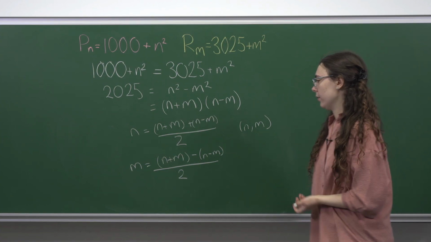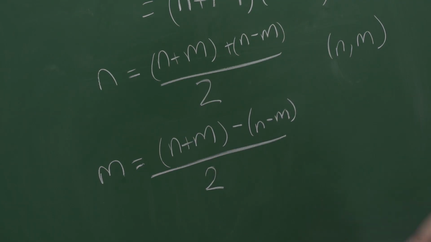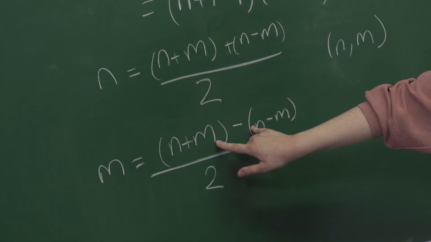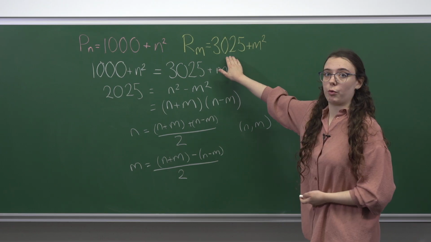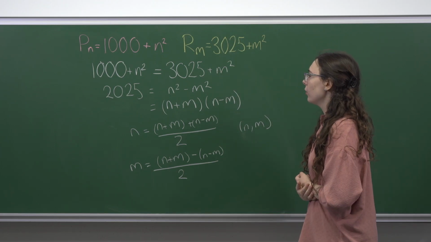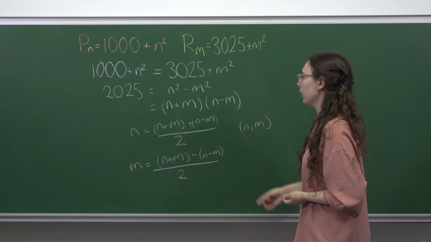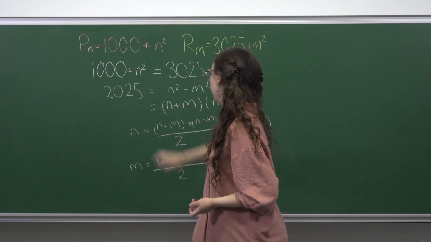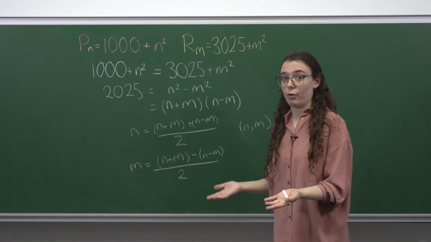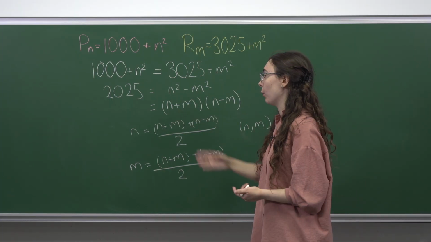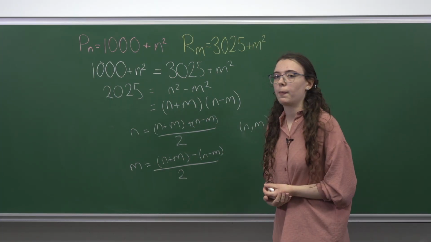So we can see from this that m is smaller if these two factors are closer together. So the case where m equals 0 corresponds to 3,025. So to solve this, we want to look for the pair of factors of 2025 which are closest together, but not the pair where they're equal. So not the pair where we have 45 here and 45 here.